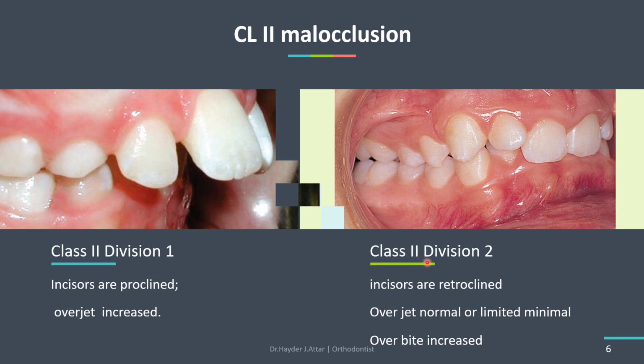In Class 2 Division 2, the incisors are retroclined and the overjet is normal or minimal. In addition, in Class 2 Division 2, the overbite is increased. The overbite represents the vertical overlap between the mandibular and maxillary incisors.